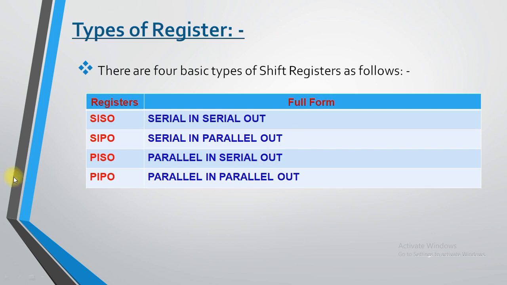Now see, consider the first register, serial in, serial out. In this case, when you come inside the gate of college, you are going to come in sequence. That means first the first student will enter the gate of college, then the second student, then the third student. Is that clear to everyone?